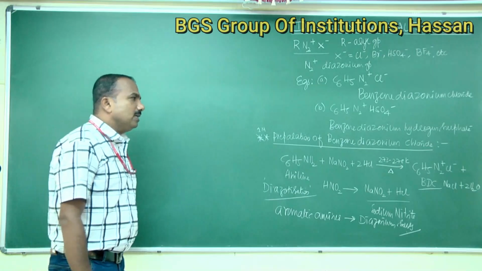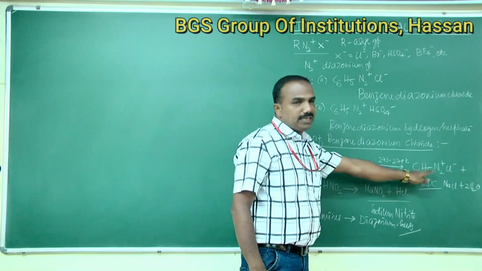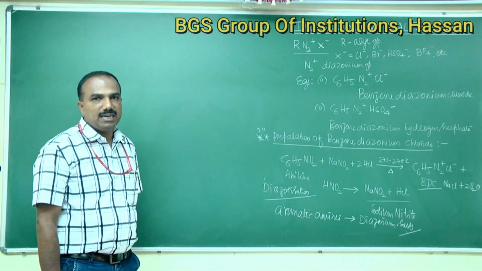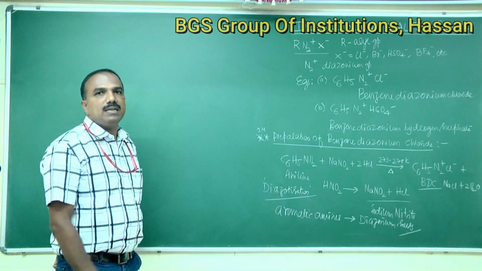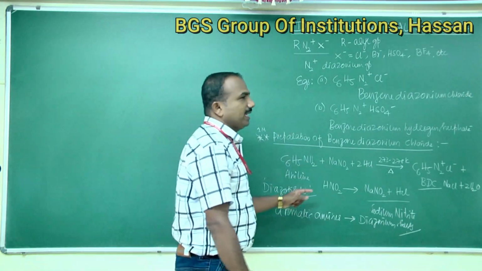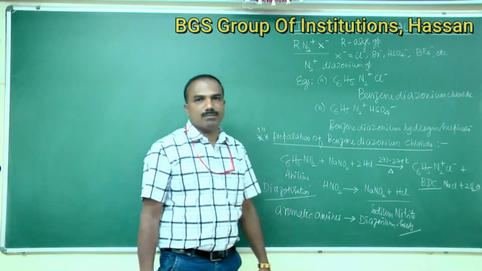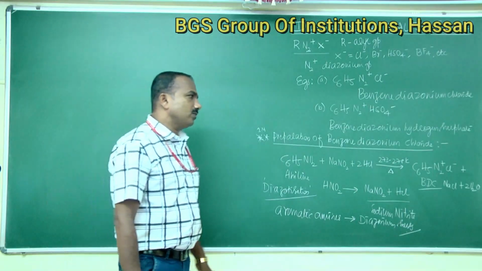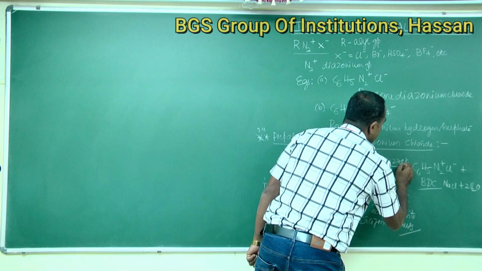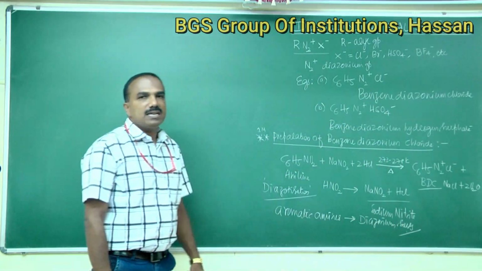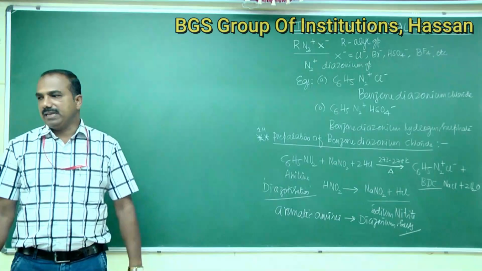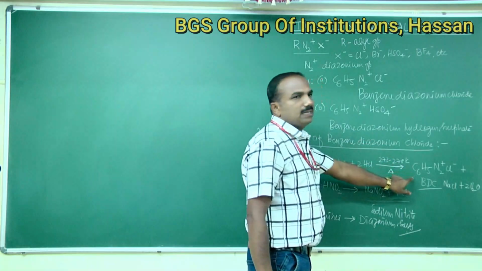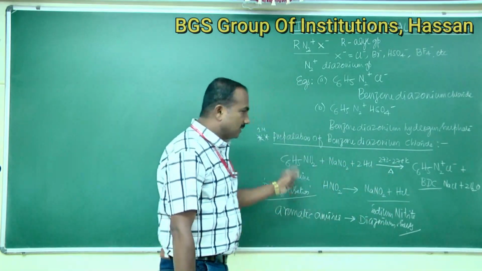The benzene diazonium chloride formed is not stable because of its instability, so it cannot be stored for a longer time. Therefore, it should be used for preparation immediately when it is synthesized, because it is unstable.